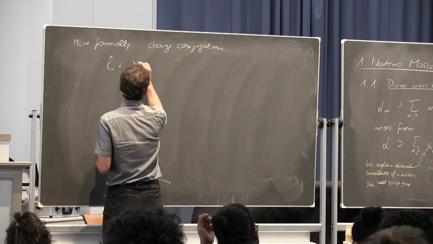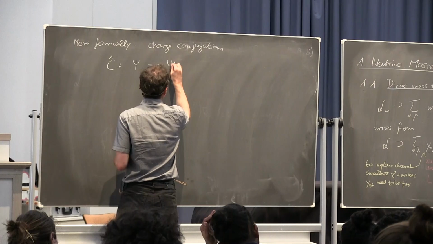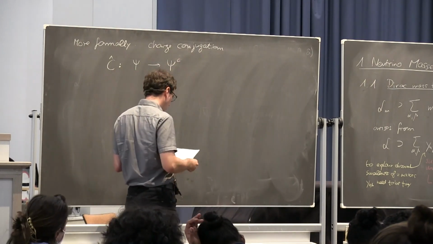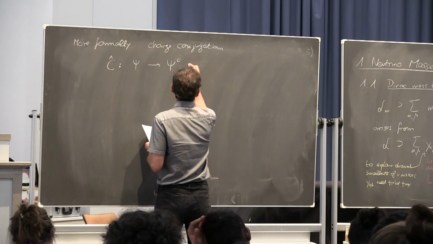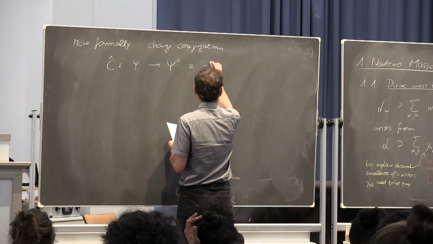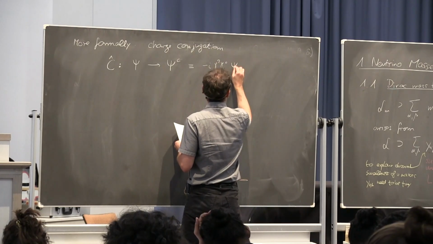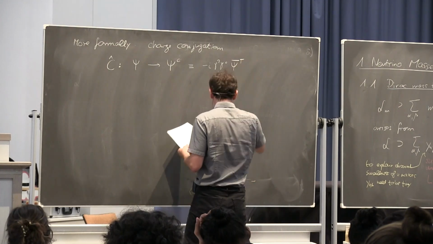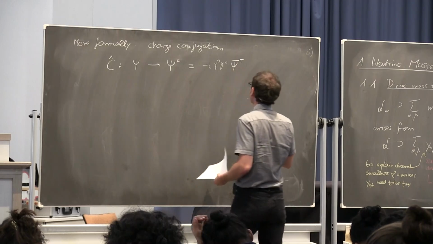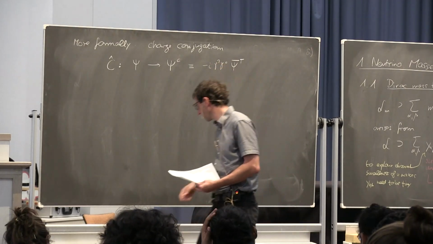And that's an operator that maps a field psi to a field which we call psi superscript little c for charge conjugate, that is defined as minus i sigma 2 gamma 0 times psi bar transpose. So that looks complicated. We are going to motivate in a moment why this is the correct thing to do.